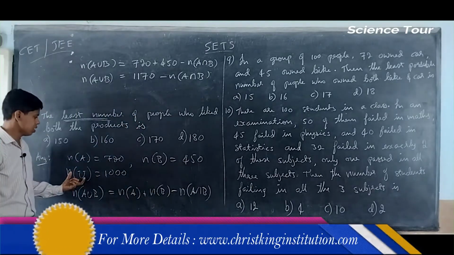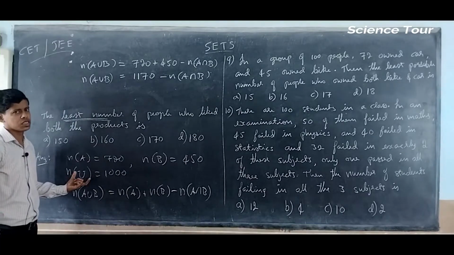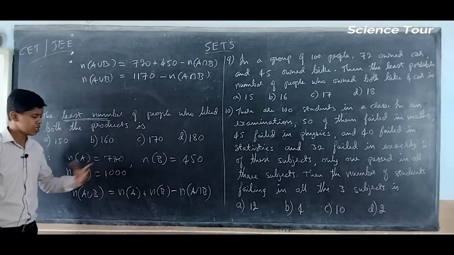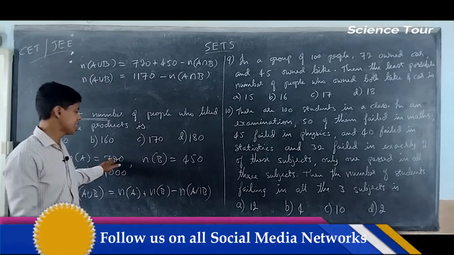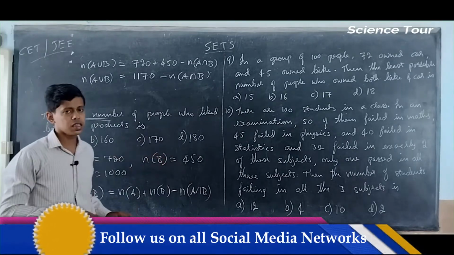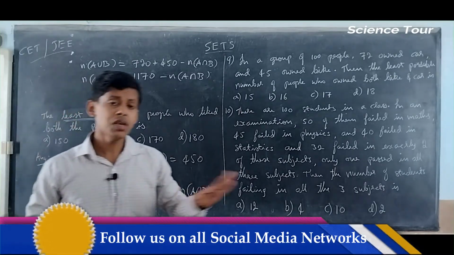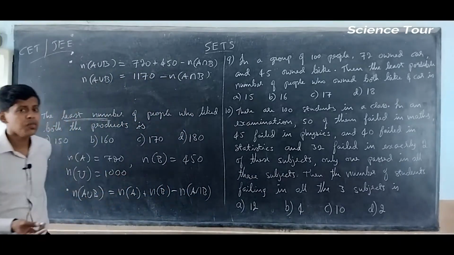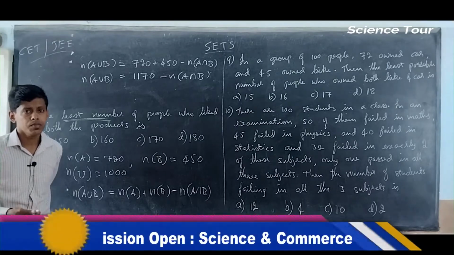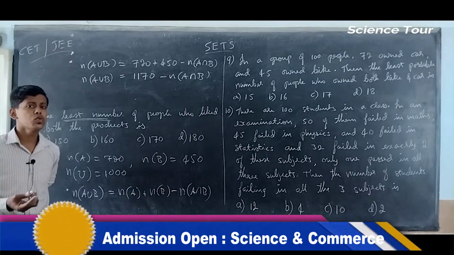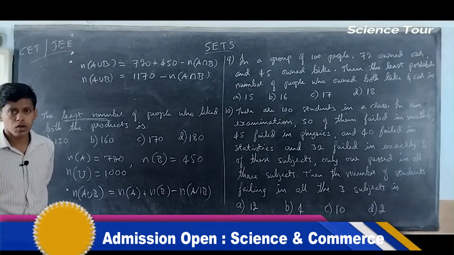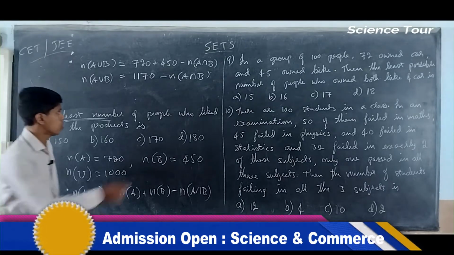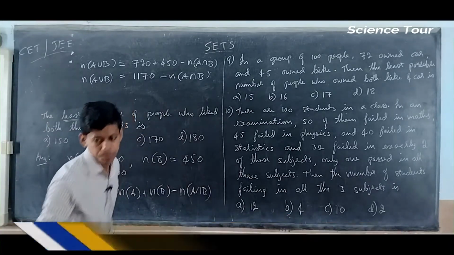What do you know? The total number of customers surveyed is 1000. So out of that 720 like A, 450 like B. There may be some people who like some other product than A and B. There may be some people who do not like both the products, right? So the situation is this.